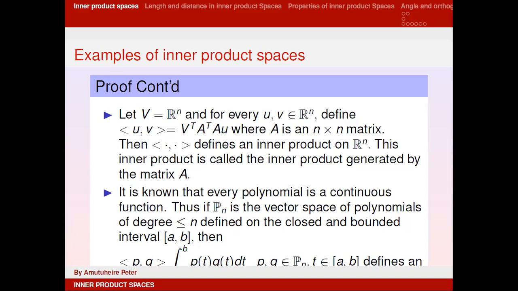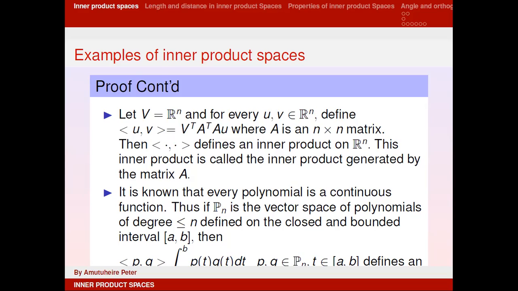Thus, if Pn is the vector space of polynomials of degree less or equal to n, defined on a closed and bounded interval AB, then the inner product PQ, defined by the integral from A up to B of P(t) times Q(t) dt, with P, Q in Pn, and t in that closed and bounded interval, also defines an inner product on Pn, and then Pn with that inner product forms an inner product space.